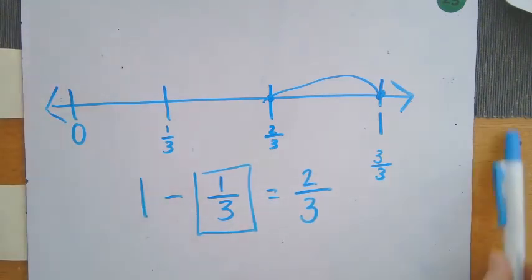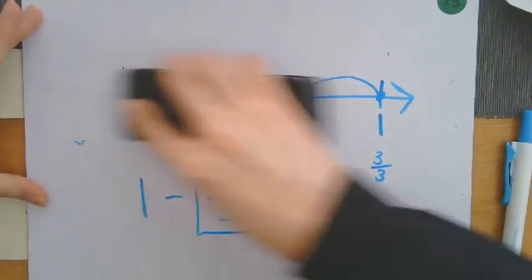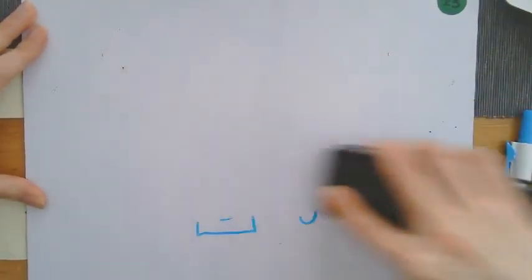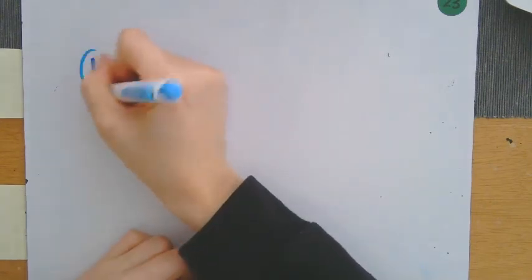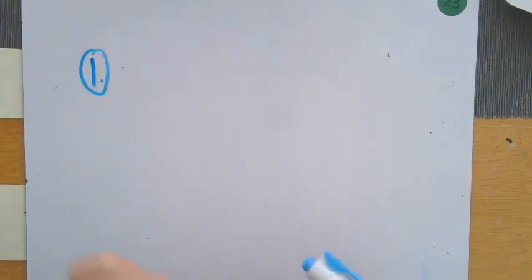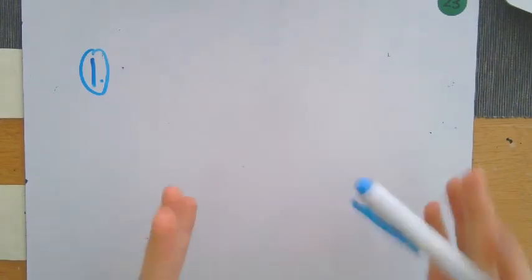Okay, I'm going to go ahead and erase the board. You can pause at any moment you need to look back at anything, but I'm going to give you 2 problems to see if you can work on. Okay, so the first problem I'm going to give you, again, if you can work on this, turn it in on Google Docs, or just take a picture and send me an email.